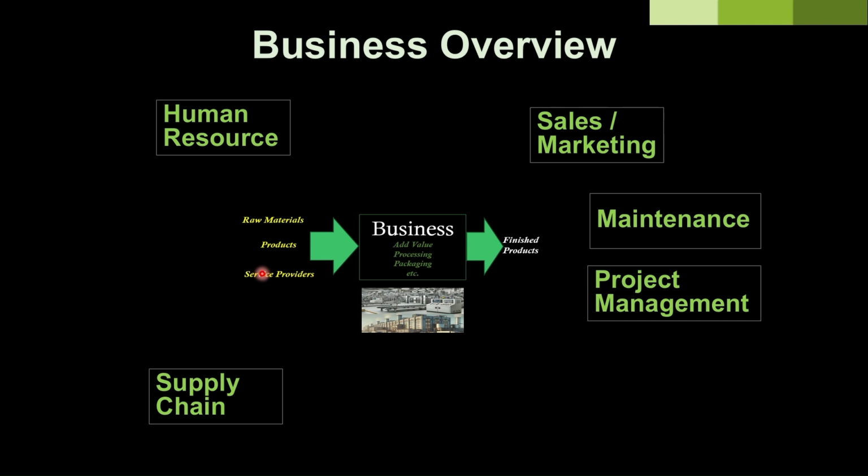If you're in the business of service provision, you need the supply chain department to broker those kinds of deals that will then enable you to resell those services, essentially.